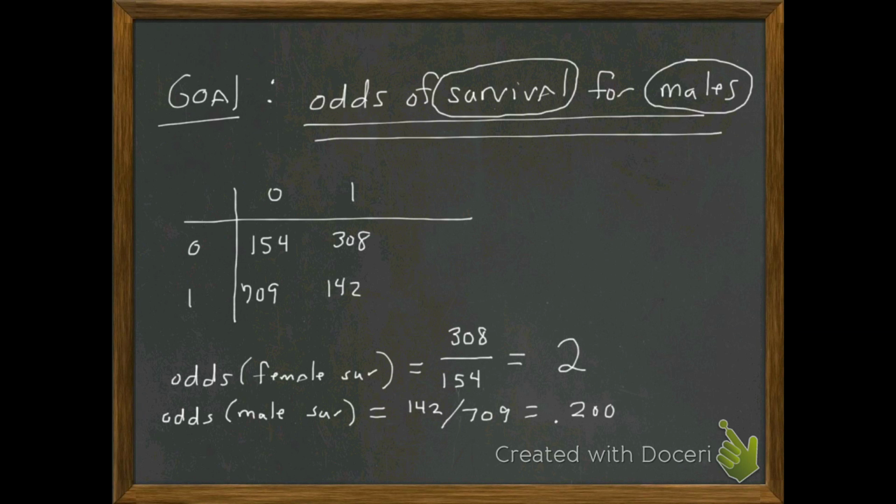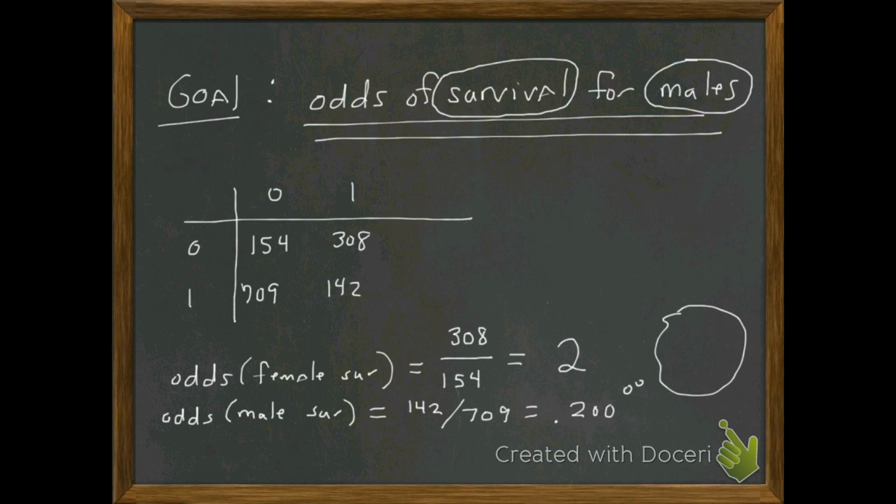A good way of thinking of this would be to think of the inverse. So 0.2, take the inverse of that, which is like 4.99. So you can think that the odds of a male not surviving, which again is just 709 divided by 142, were about 5 times higher than surviving.